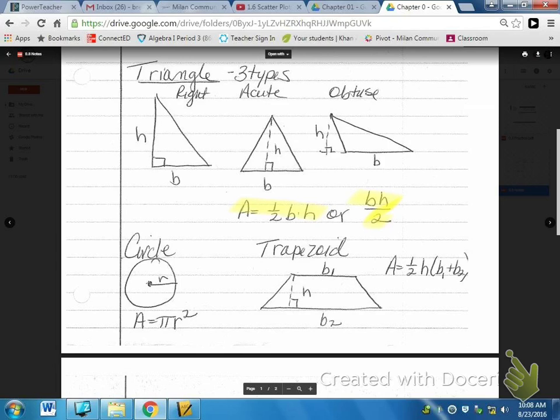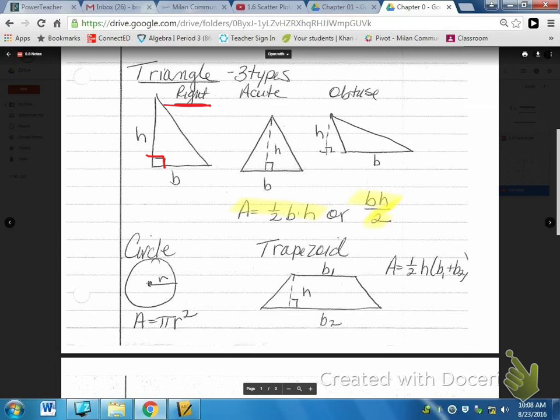One or the other. So you've got to realize though there are 3 different types of triangles. When the triangle is a right triangle, the 2 sides that make up the right angle are the base and height. Those 2 legs are the ones that you use for base and height.